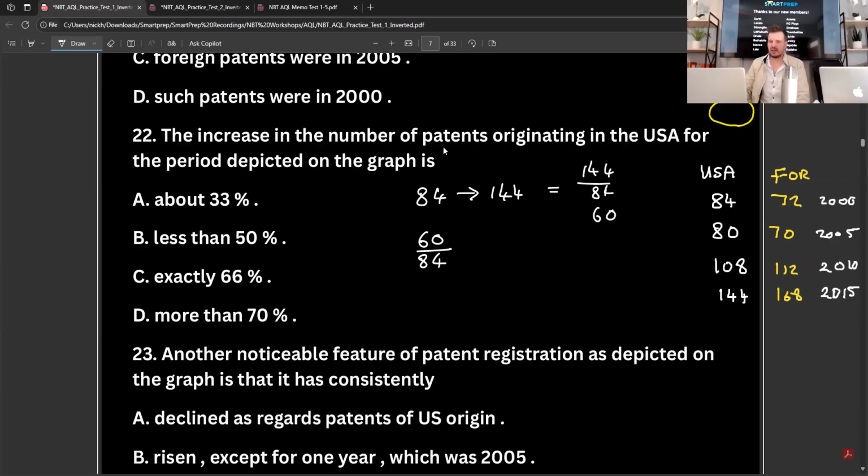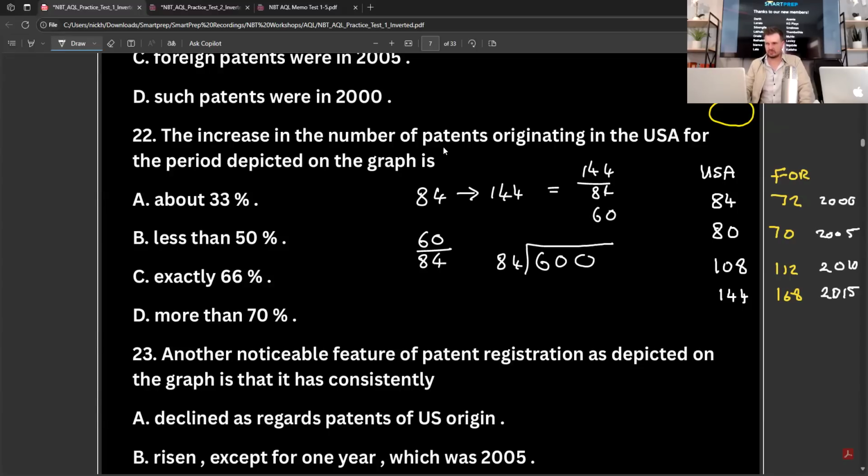Okay, so what I want to do now is work out the exact percentage here, just to show you how we would do it. So you do 60 divided by 84 like this. You have to extend the 60 to 600 because 84 does not go into 60.